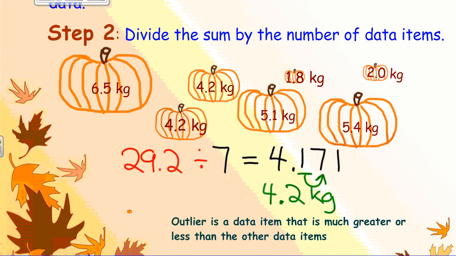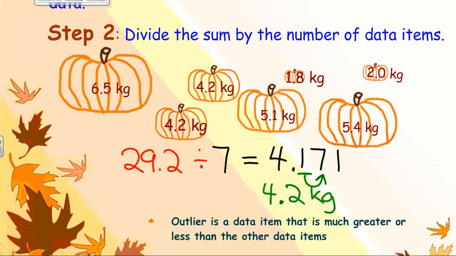Now, you may have noticed this little guy right down here. Anytime you have a very, very small pumpkin or a very small number or even a large number in a set, sometimes it can really throw off the mean or the average. We call these outliers. An outlier is a data item that is much greater or less than the other data items.